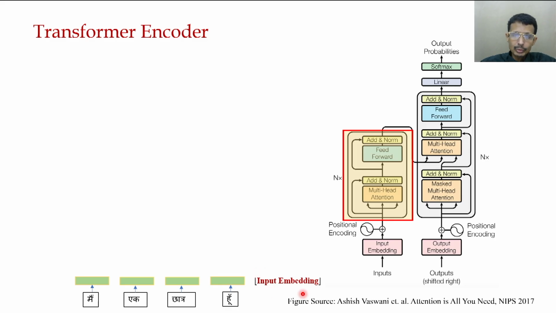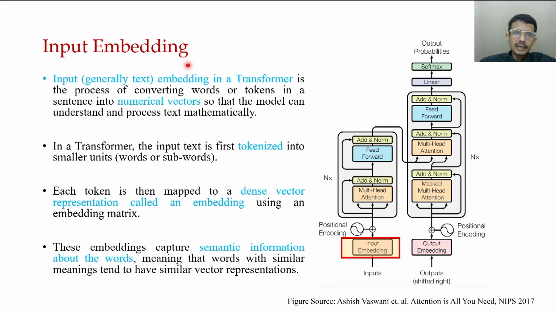What do we mean by input embedding? Input embedding in a transformer is the process of converting words or tokens in a sentence into numerical vectors, so that the model can understand and process them mathematically.